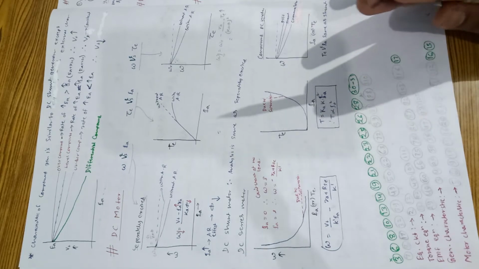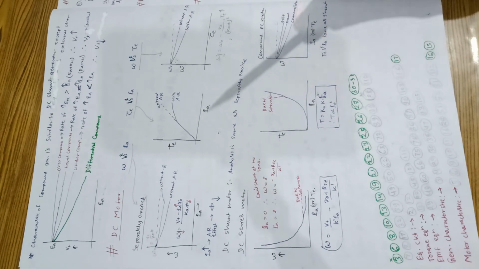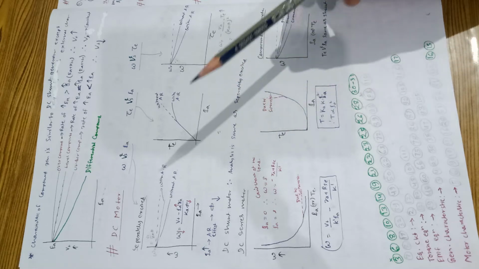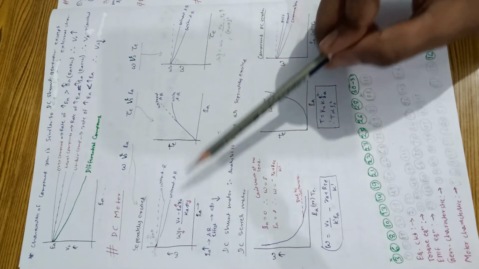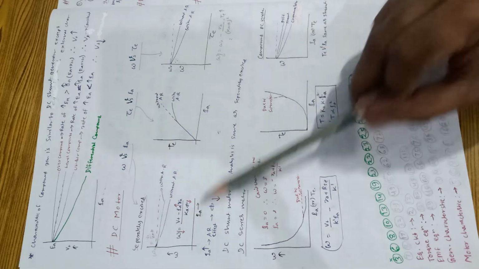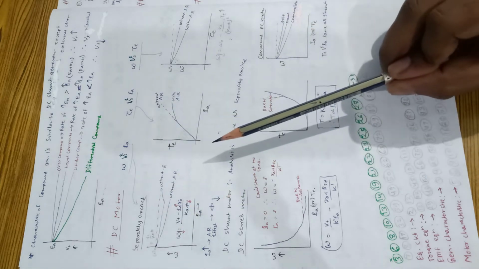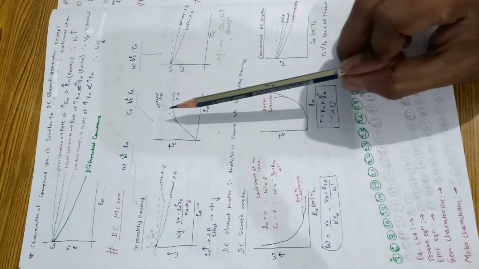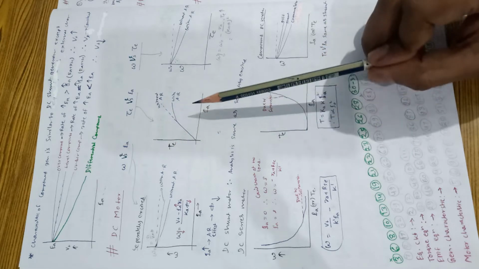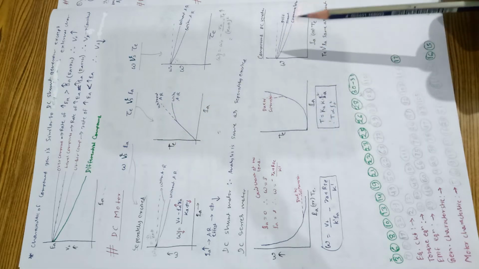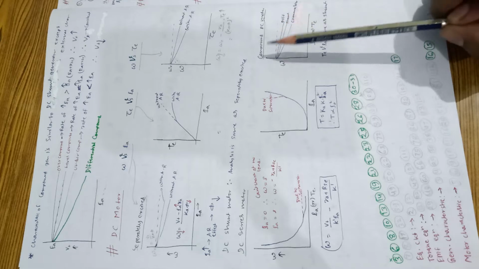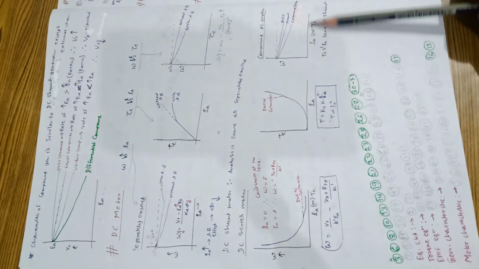So finally, what we have studied is that for separately excited and shunt, all characteristics are the same. Torque versus Ia of separately excited is the same as torque versus Ia of compound, and for compound we have speed versus Ia like this.